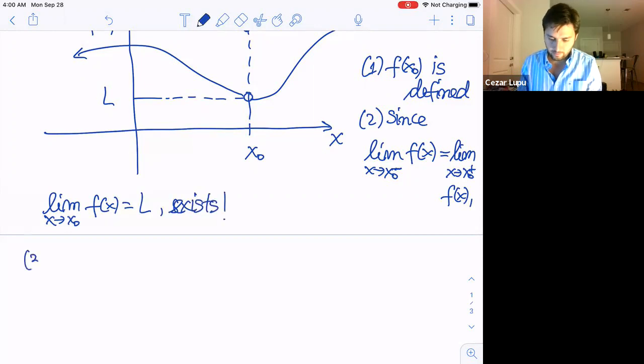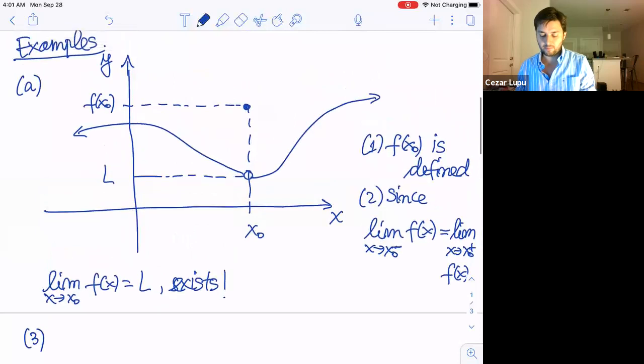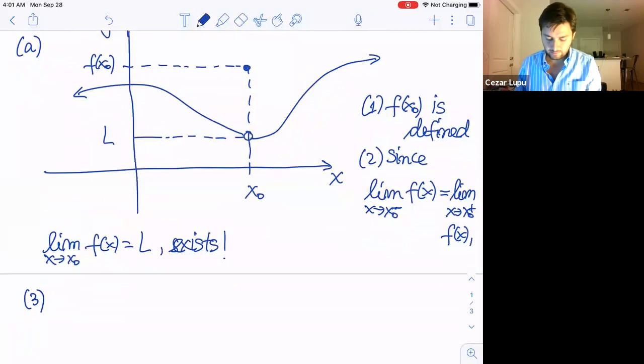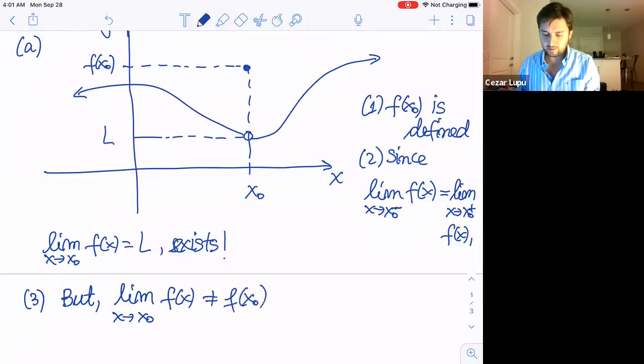And now the third one, we want to see if L is in fact the value of f of x naught. Well, it looks like it has a hole there. So this implies that the limit as x approaches x naught of f of x is not the value of f at x naught.